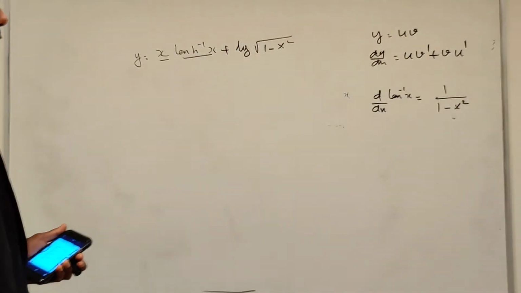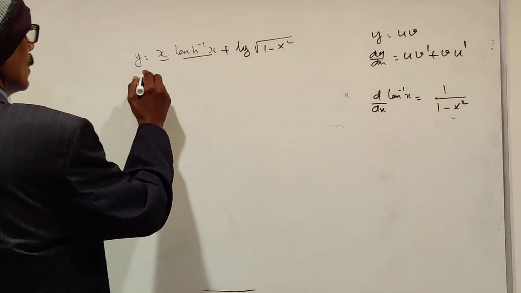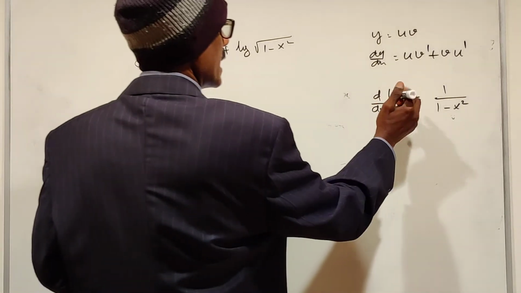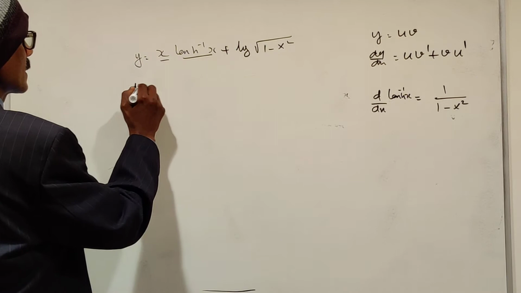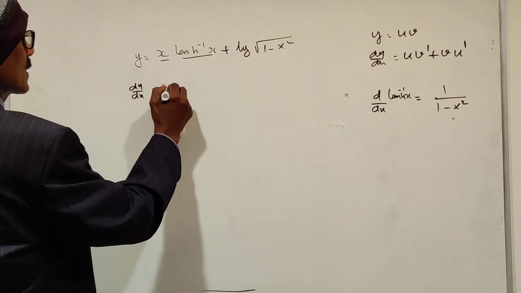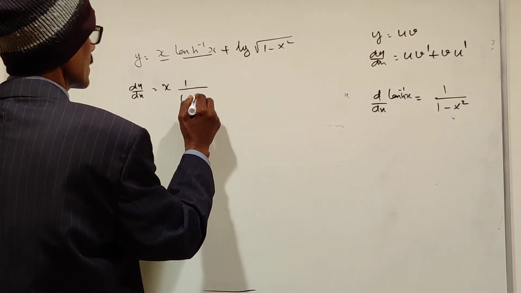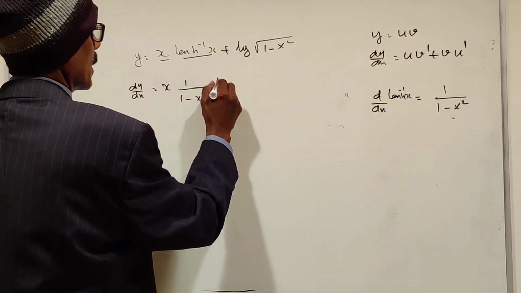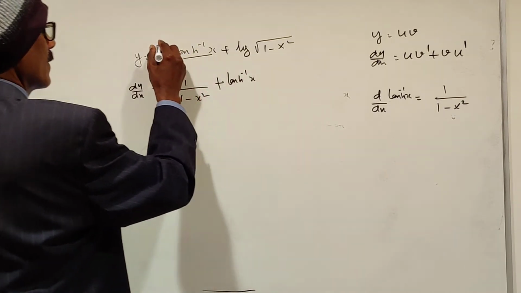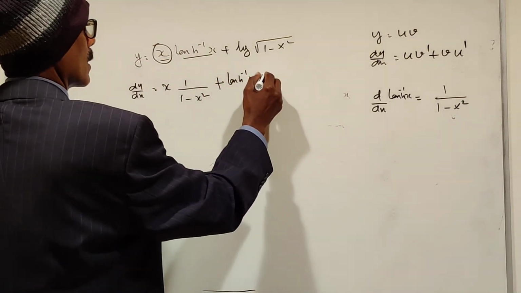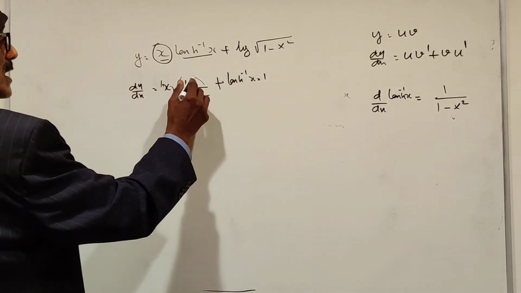So here dy by dx equals the first function x into the derivative of tan h inverse x, which is 1 by 1 minus x square, plus tan h inverse x into the derivative of x, which is 1. That one is finished: first function into the derivative of the second.